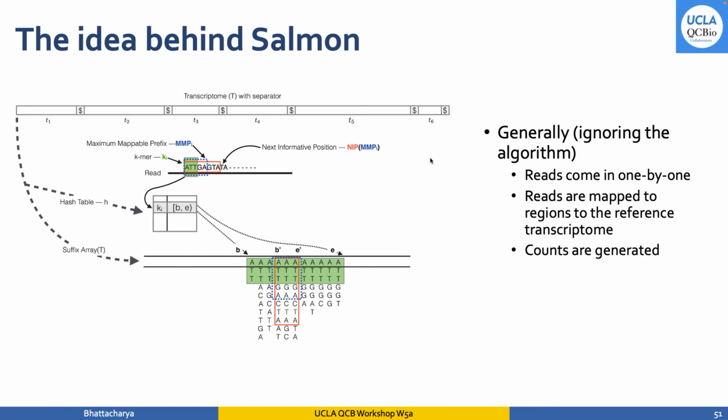So instead of mapping to a reference genome and having annotations, two different files, Salmon uses just a reference transcriptome. The idea is that we have the sequences for different cDNA fragments, these T1, T2, T3, which are approximately the exons that we know about.